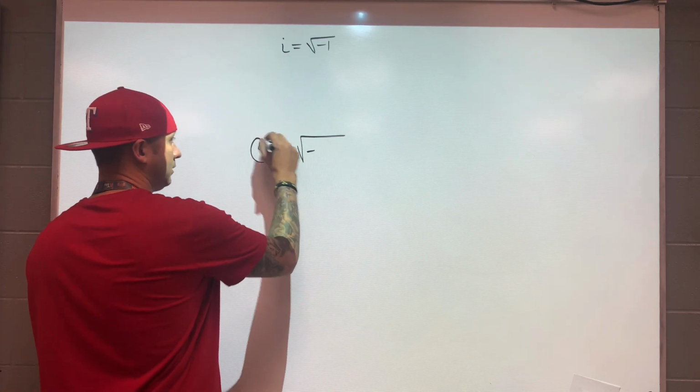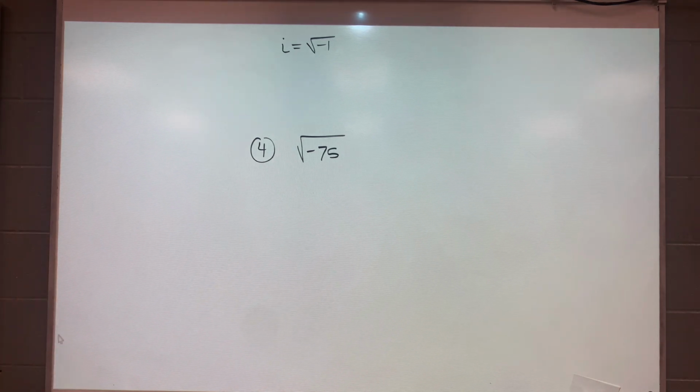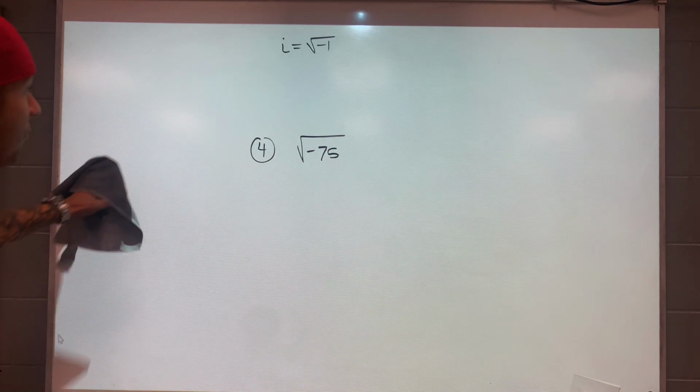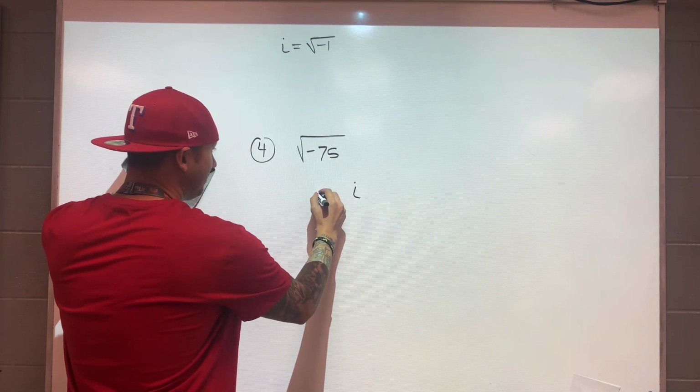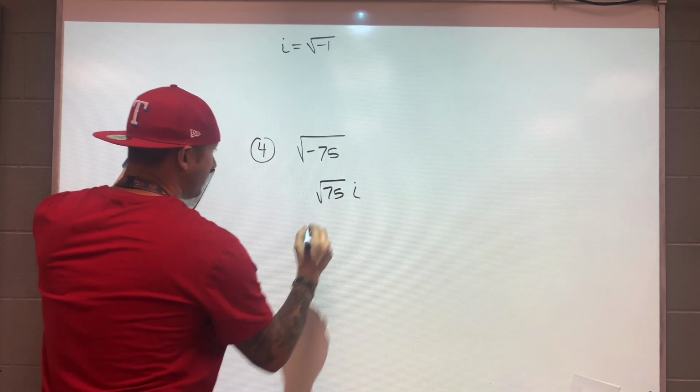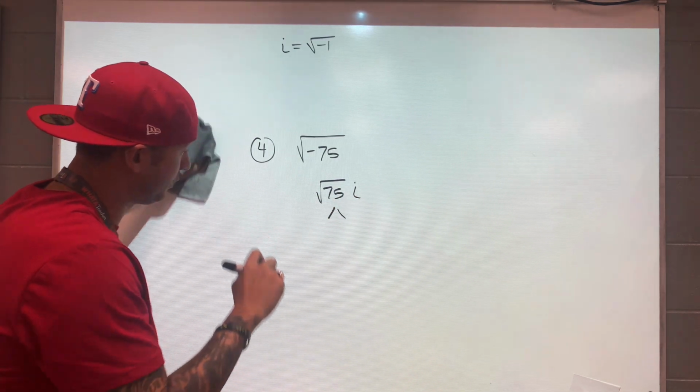Number 4, square root of negative 75. 75 is not a perfect square. Nevertheless, I'm going to pull the negative out as an i. Square root of 75, I'm going to factor this into its prime factors.